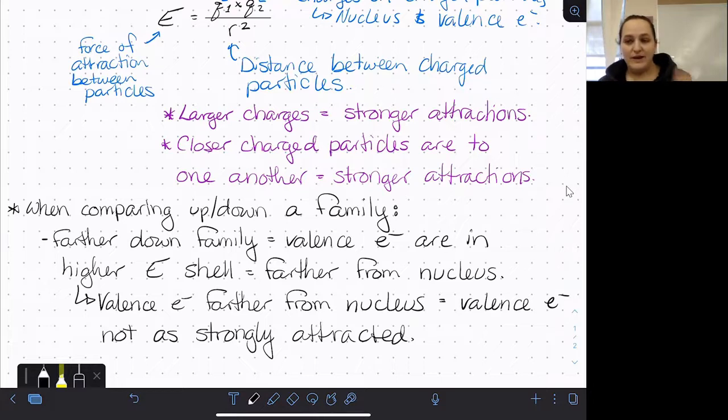So this is what's giving rise to all of those vertical trends that we talked about.